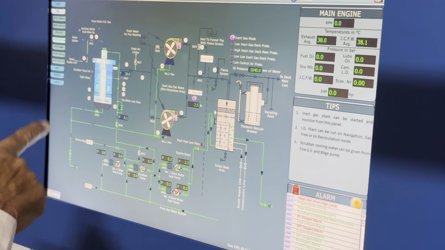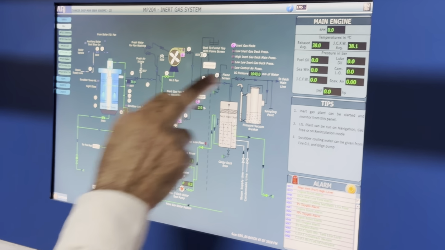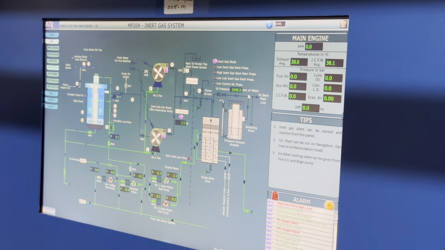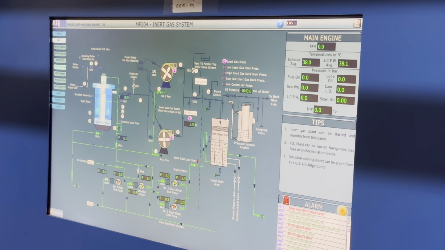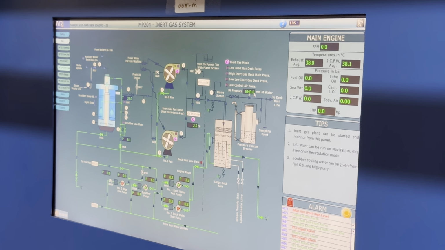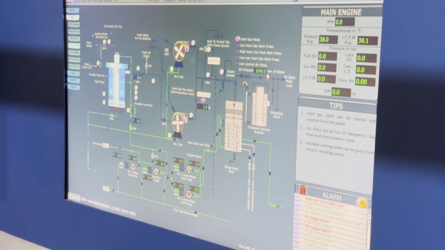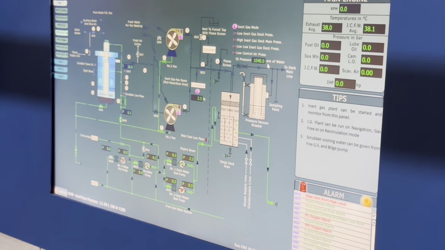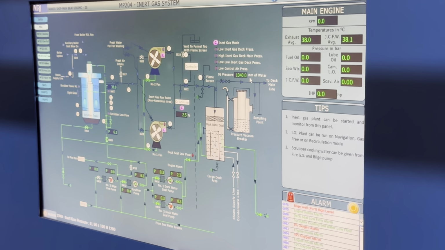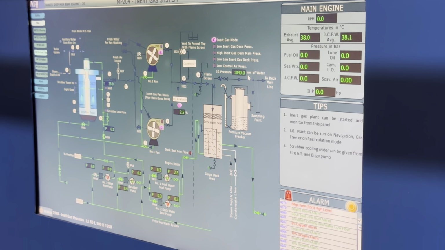Less than 5, gone to the discharge mode, and very important is the pressure. The chief officer or the deck side's main concern is that you have to supply the IG in sufficient quantity, matching their discharge rate. Otherwise the tank will go into vacuum.